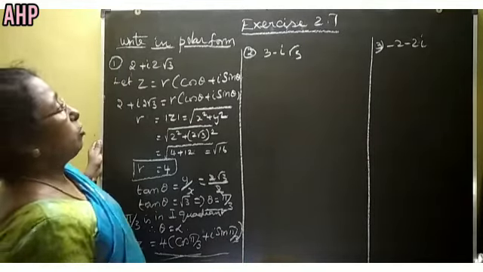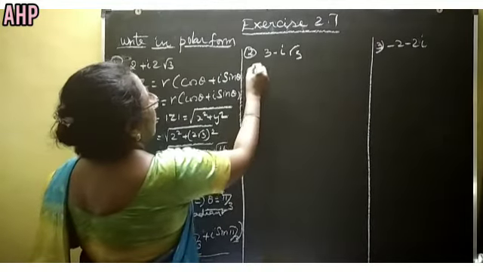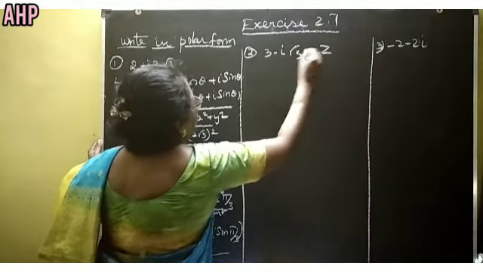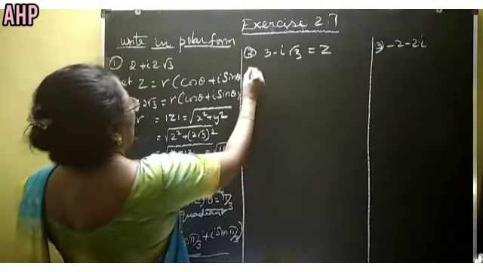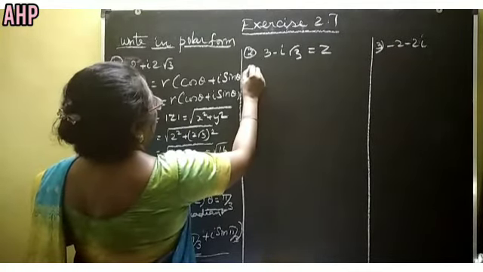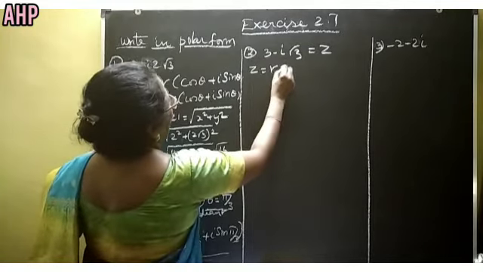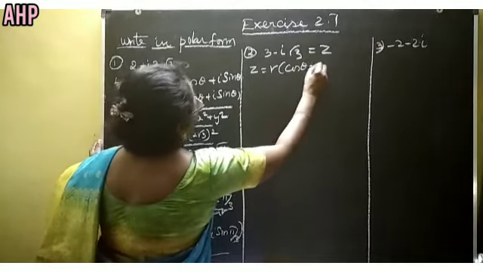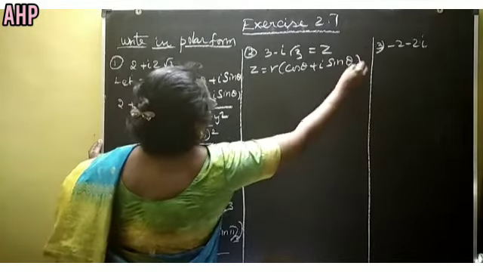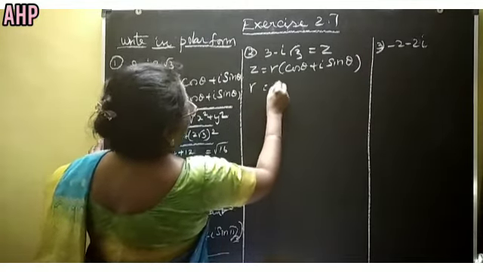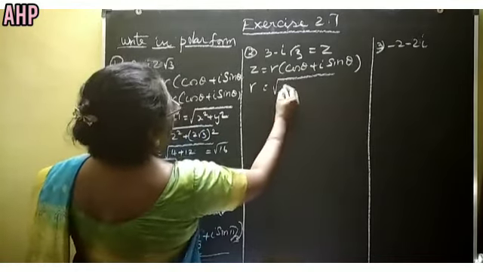In the second question you are given z is equal to 3 minus i root 3. Therefore, if we write z is equal to R into cos theta plus i sin theta in polar form, we know R is equal to root of x square plus y square.